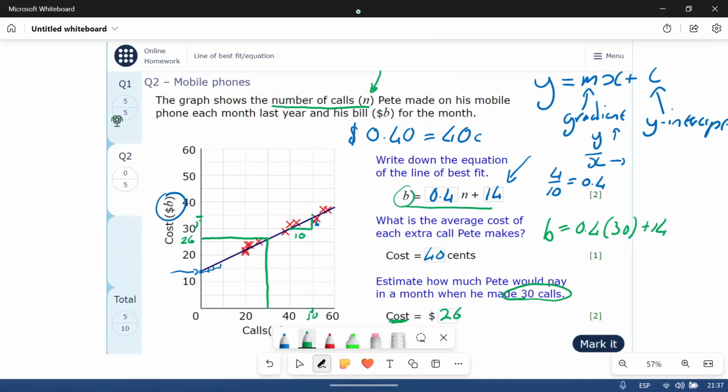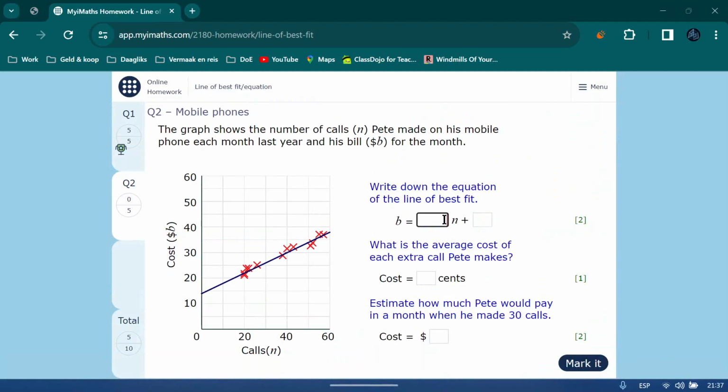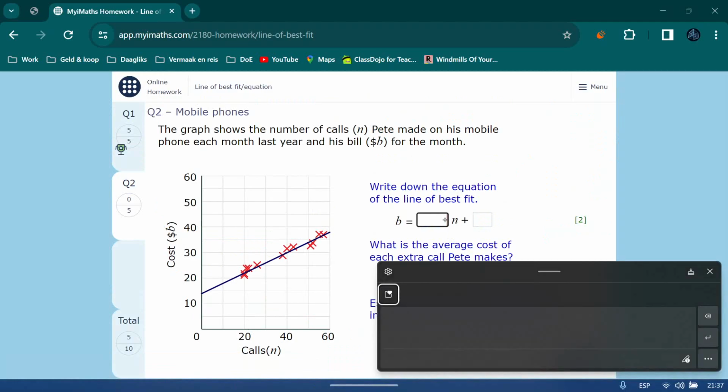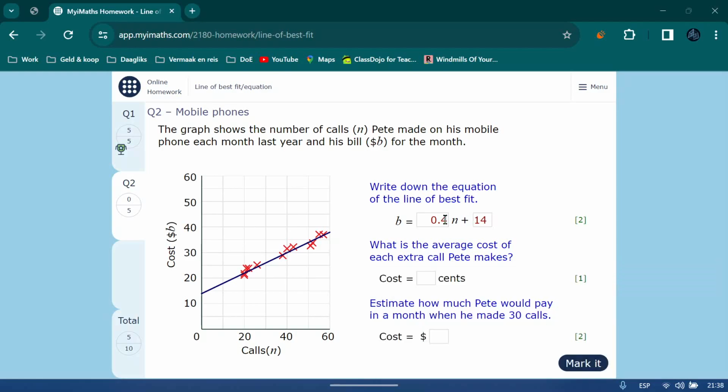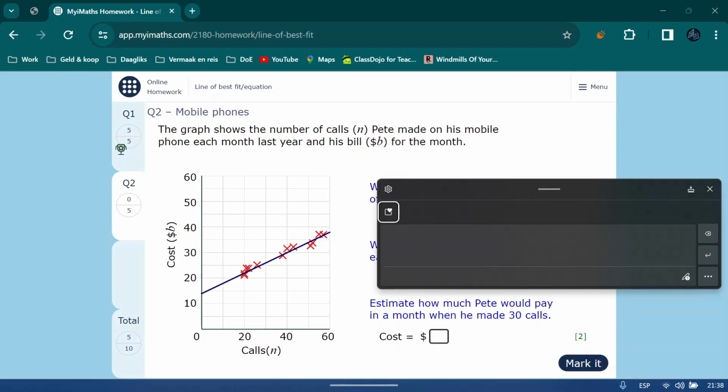And that's how you do it. Let's see if I'm right. So we got 0.4, and 14, and that mainly was 40 cents, and the estimate was 26. Yeah, I'm happy with that.